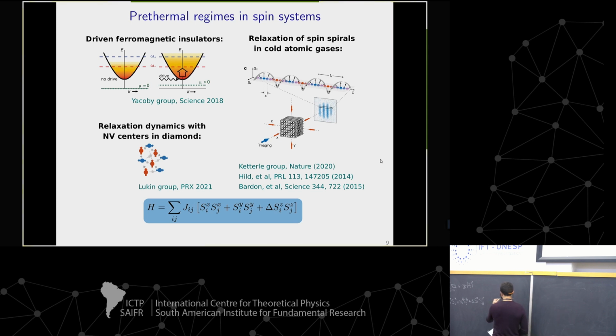Again, I don't want to specify dimensions. Let's assume this is a d-dimensional square lattice of spins, where on each site I have a spin s degree of freedom. We can set s to 1/2, so the local Hilbert space has 2 states. But in reality, one can also think of large s, some classical limit, and that's perfectly fine. It's not really going to change much of what I have to say when it comes to far from equilibrium regimes.